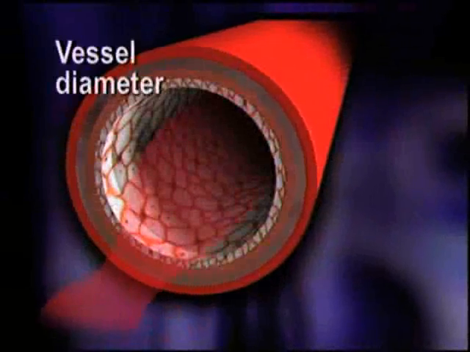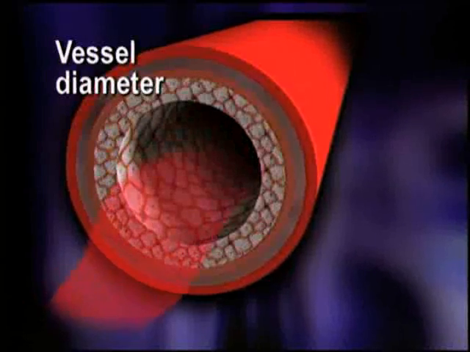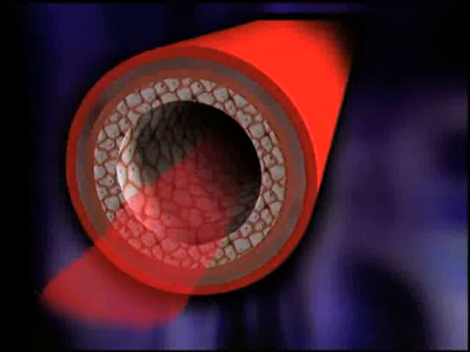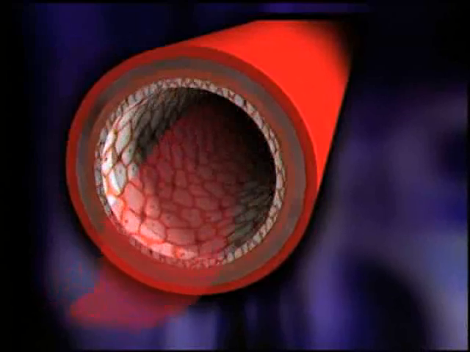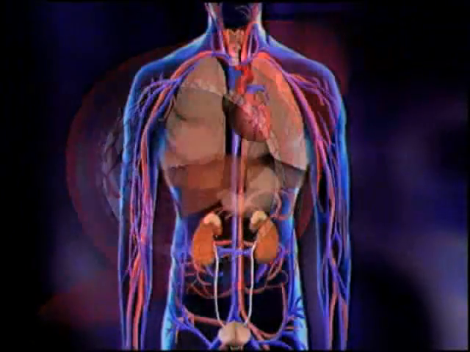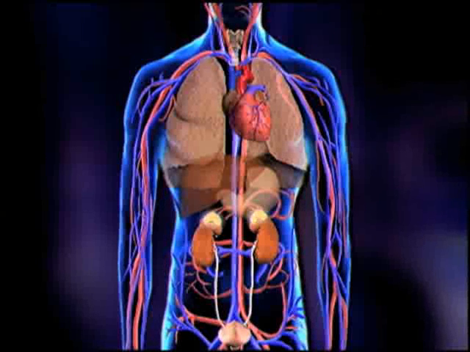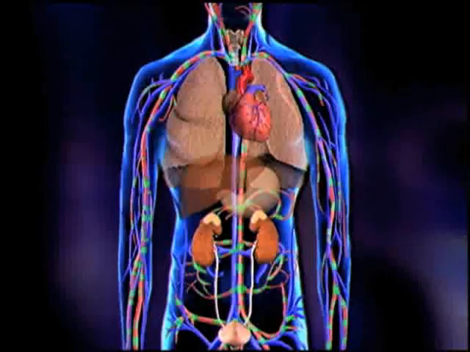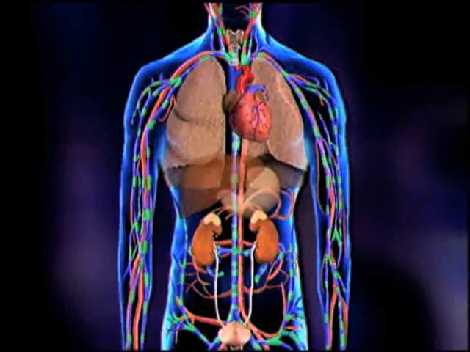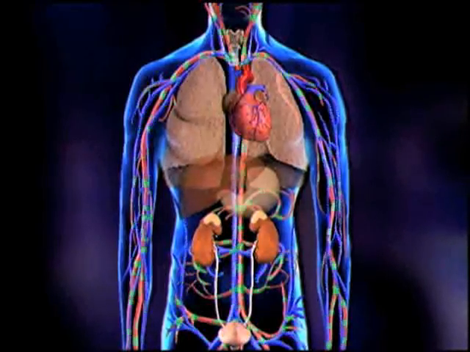For example, as vessel diameter decreases, peripheral resistance to blood flow increases. The body controls vessel diameter by constricting and dilating the vessels. Vasoconstriction can occur when stress causes the adrenal medulla to release the catecholamines, epinephrine and norepinephrine, which stimulate the sympathetic nervous system.